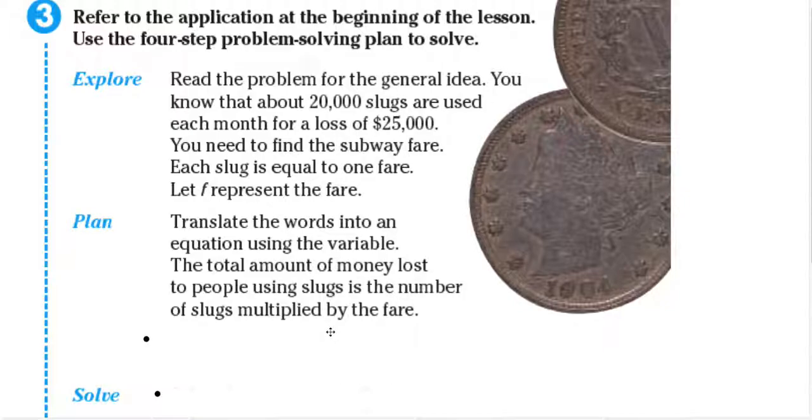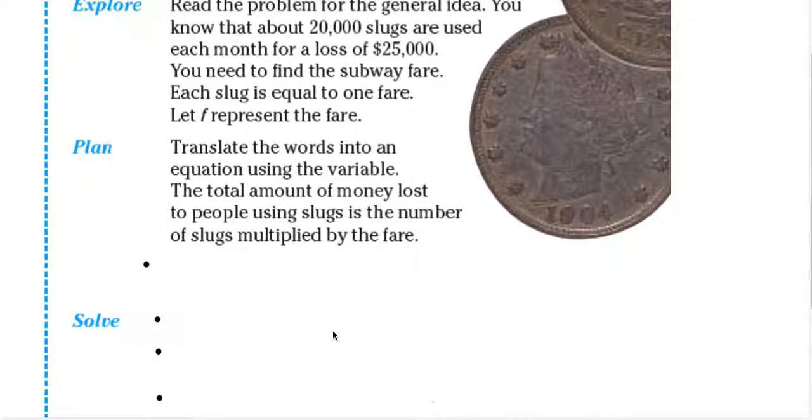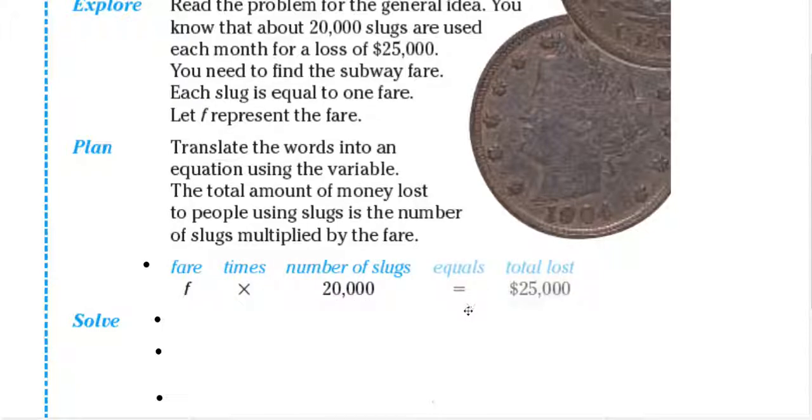The total amount of money lost to people using slugs is the number of slugs multiplied by that fare. So how do we go about doing that? We let F represent the fare, and multiply it by the number of slugs, which is 20,000, should equal 25,000, which is the total amount lost.